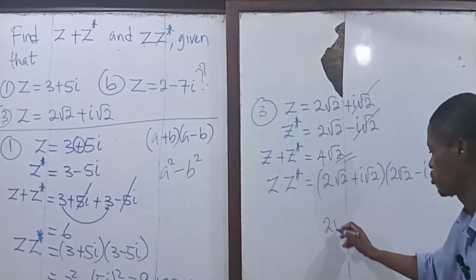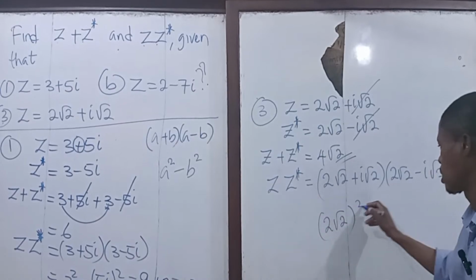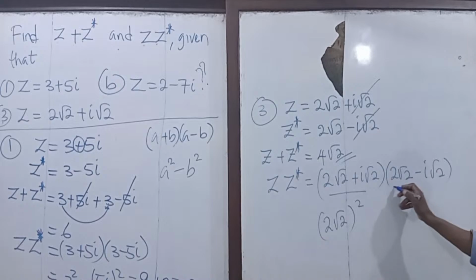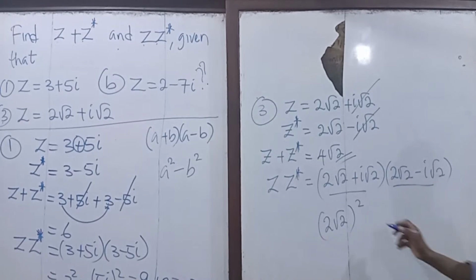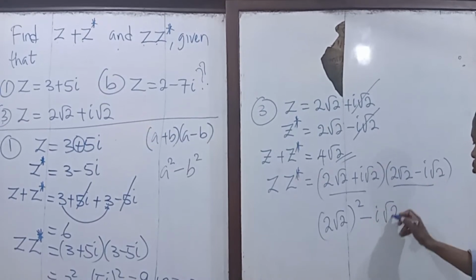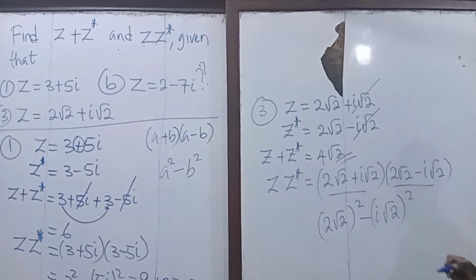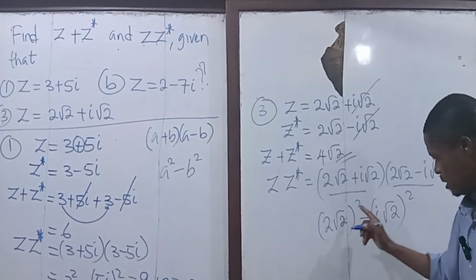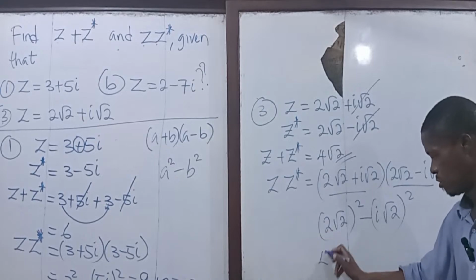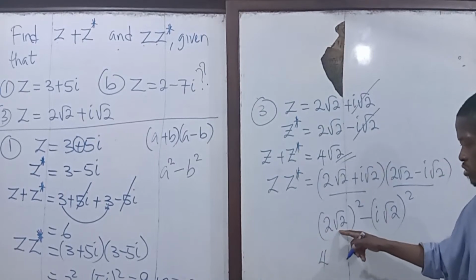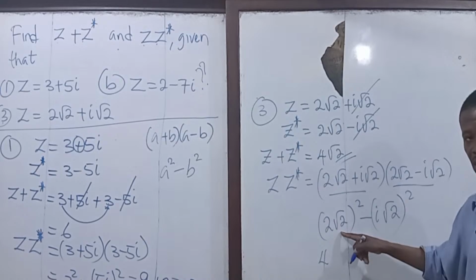That will be 2 root 2 squared, the same expression but alternating sign, so minus i root 2 squared. So this will give us what? This square we affect this one. That will be 4, that's 2 squared. And when you square square roots, it's going to disappear. Okay, it's going to vanish.